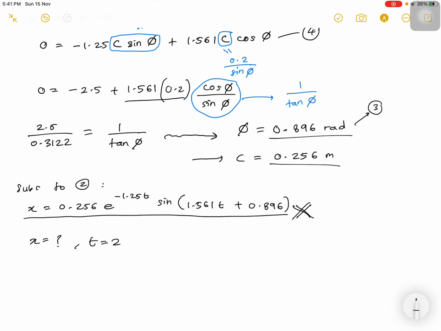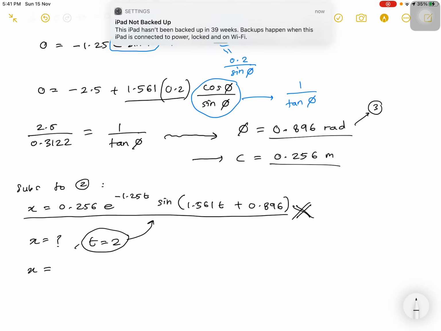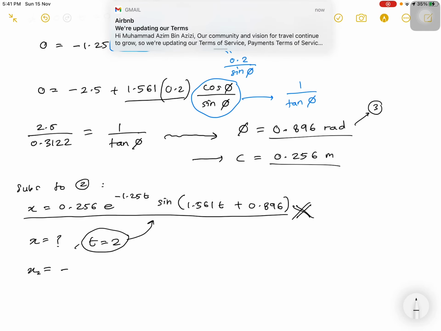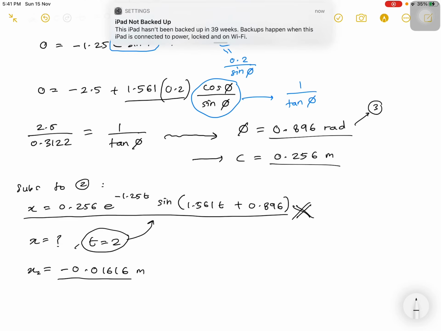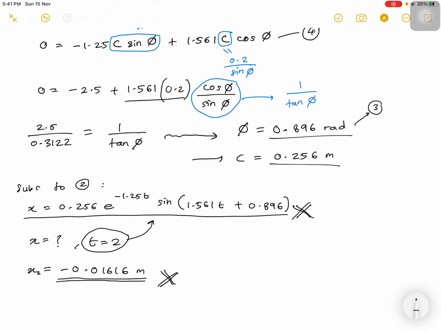So we just simply put this value inside this equation, and then we can get x. To cut short, x2 is equal to negative 0.01616 meter. So that's it for example number 1.